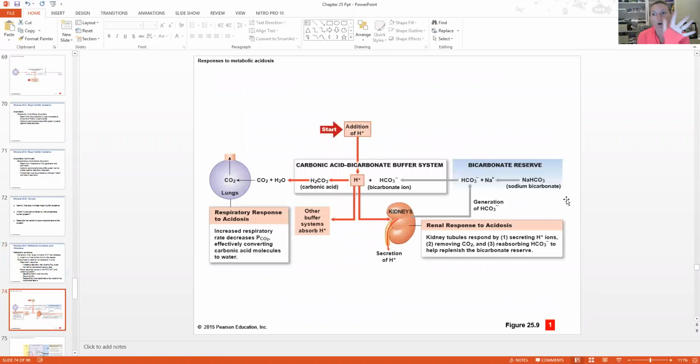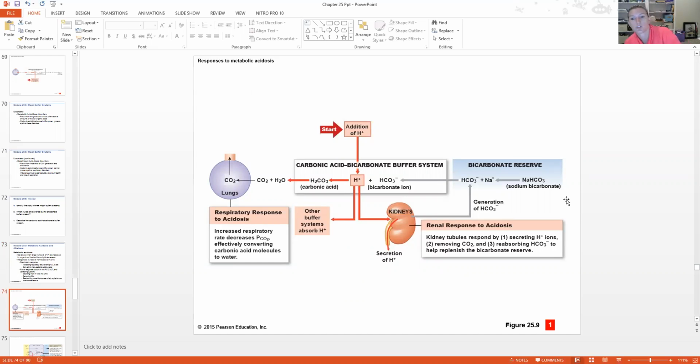So here's a whole schematic view. You have too many hydrogen ions accumulating. Maybe you're eating something or drinking something highly acidic. So your bicarbonate buffer system is going to work, converting to carbonic acid and carbon dioxide, and you exhale it. The other thing your body's going to do is secrete the hydrogen ions at the kidneys.